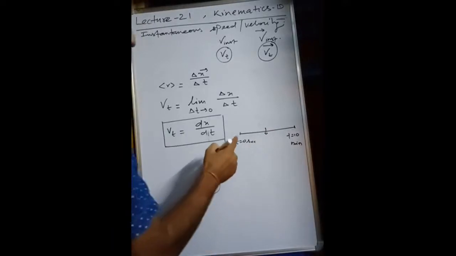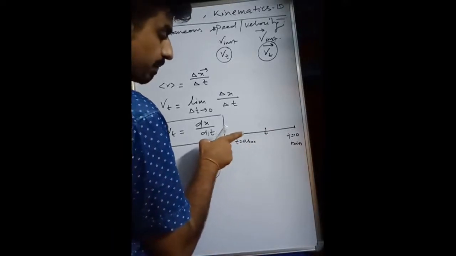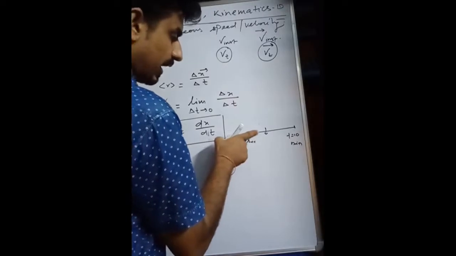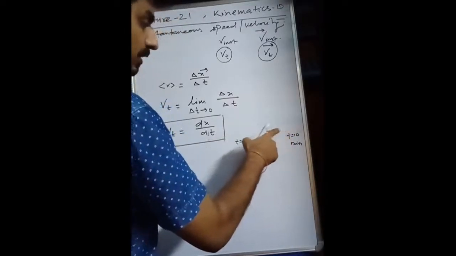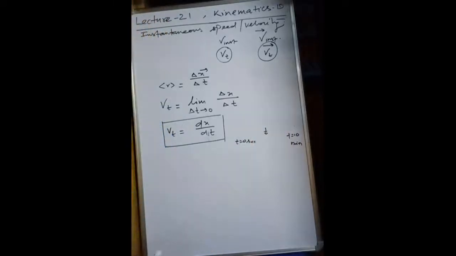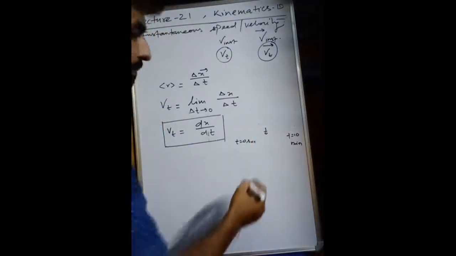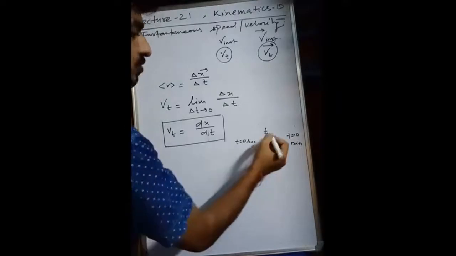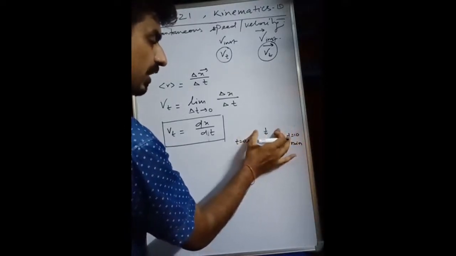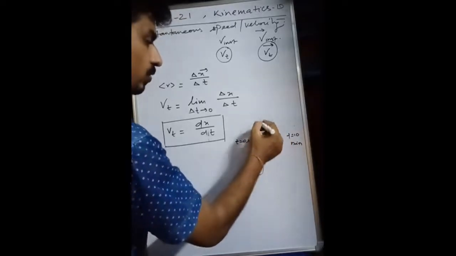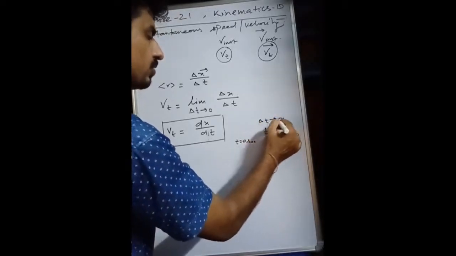It means you have to shorten the time from both sides and reach this particular point. What does it mean? It means the change in time, delta t, is almost 0.